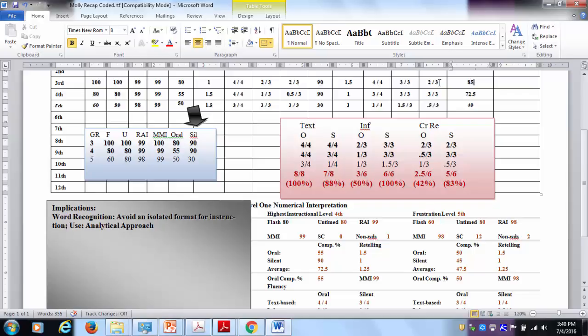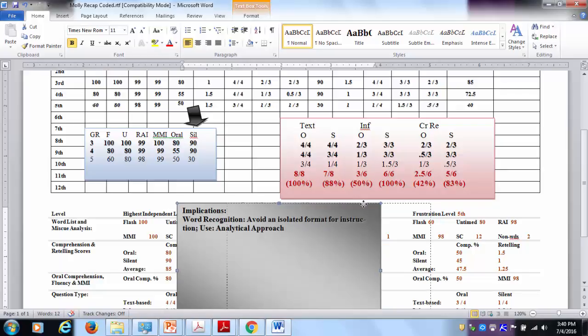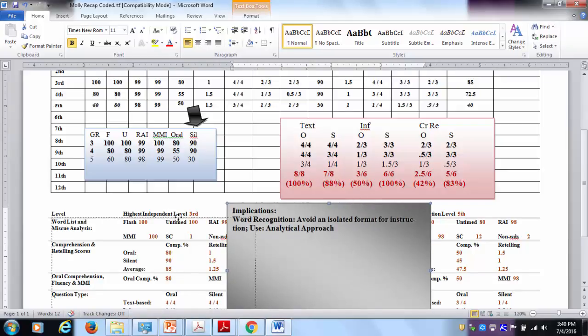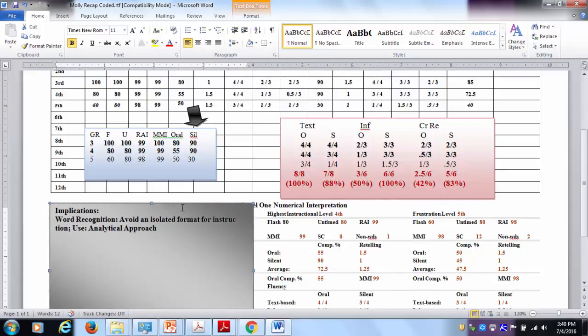So I think since she's so much more comfortable with silent reading than she is with oral reading, we will look more closely at the silent reading numbers and say, all right, I'm comfortable with letting her have an independent level of third grade. And as you will see, we put her independent level third grade. All right, moving on.